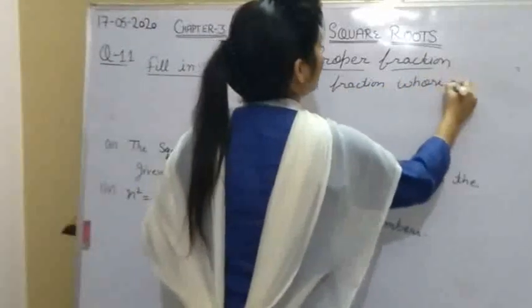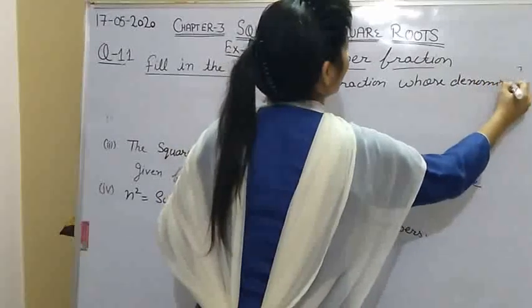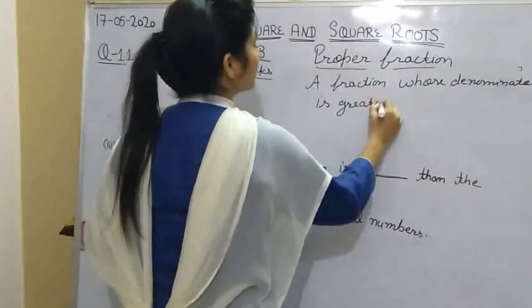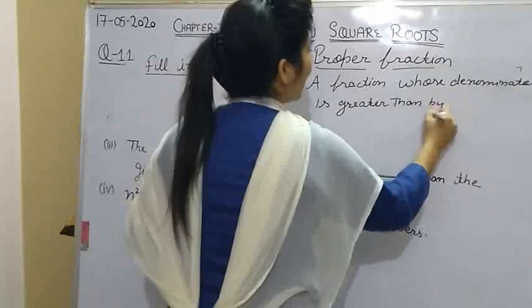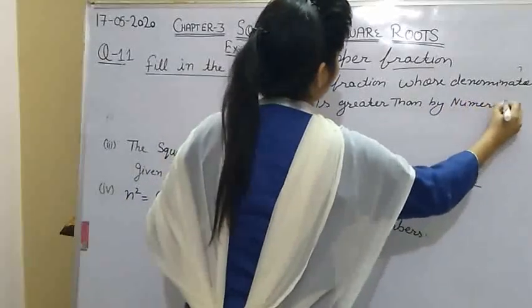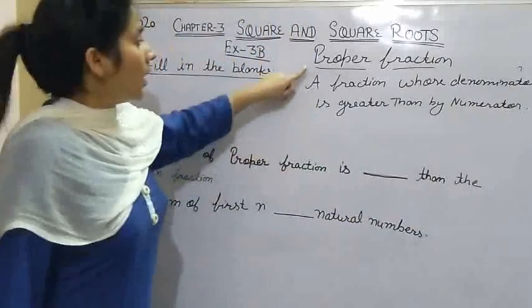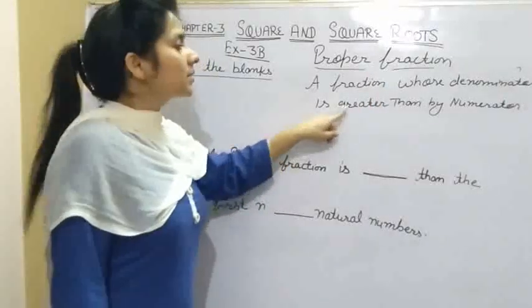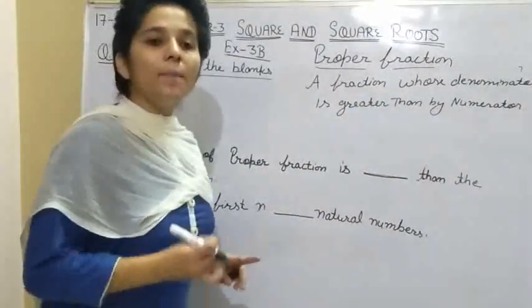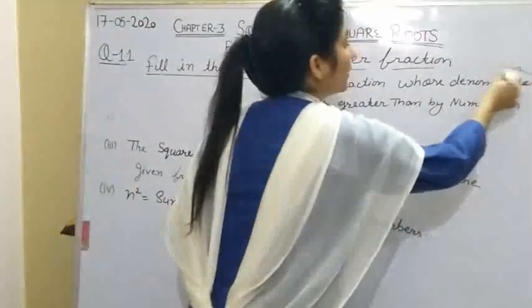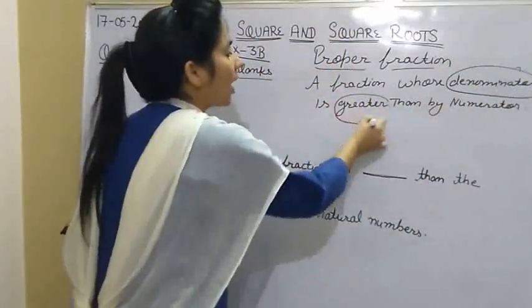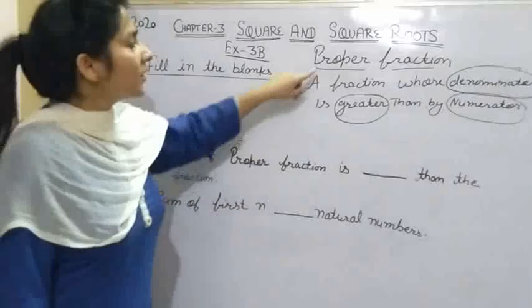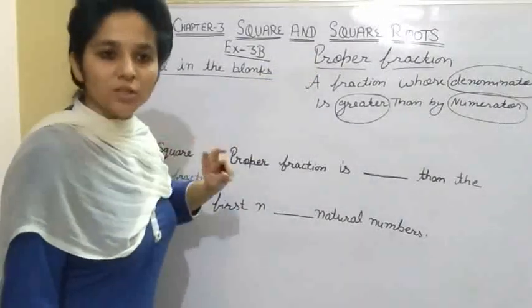Proper fraction means a fraction whose denominator is greater than its numerator. Any fraction whose denominator is always greater than the numerator, we can call that fraction a proper fraction.